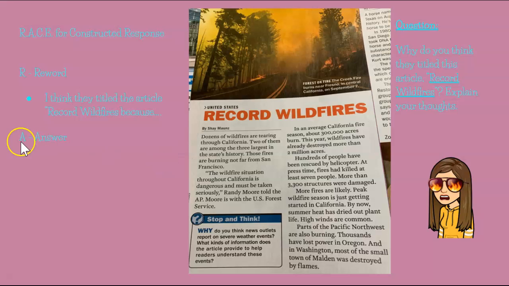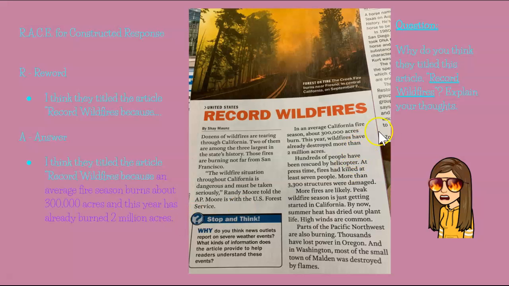The next step is the answer. I need to answer the question. So I'm going to take my reword piece and then I'm going to answer the question all in the very first sentence. So I think they titled the article Record Wildfires because, and here's my answer in purple, because an average fire season burns about 300,000 acres, and this year has already burned 2 million acres.